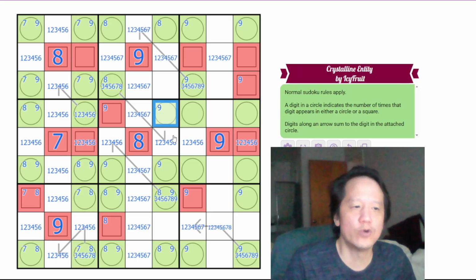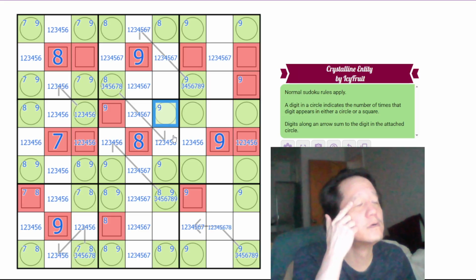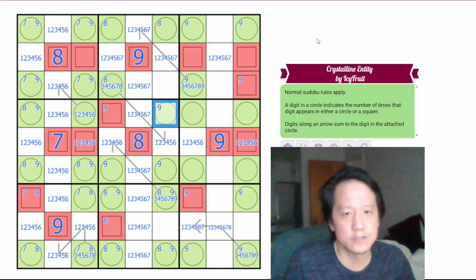If you have 1 and 6, that does work. As long as you have 9, 1, and 6s. So this is the one that has 2 sets of 3, right?